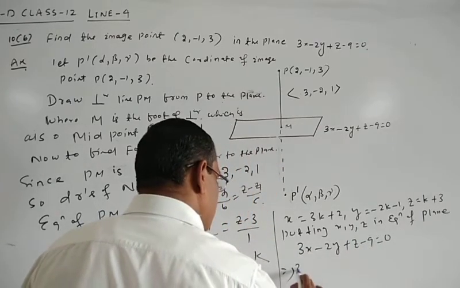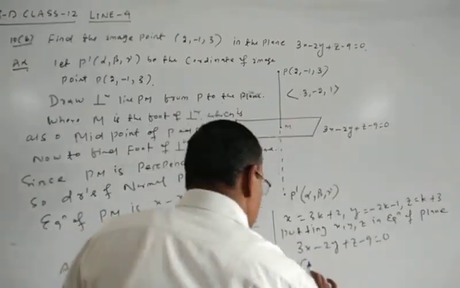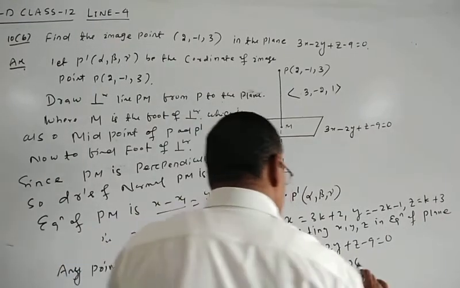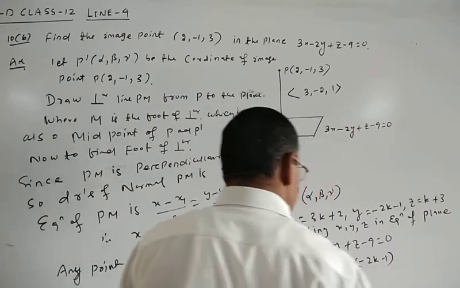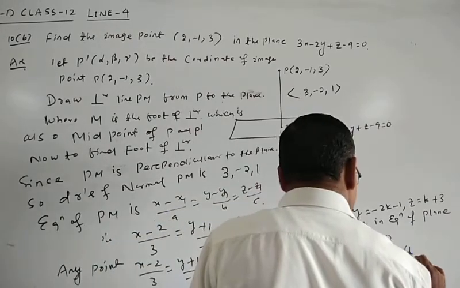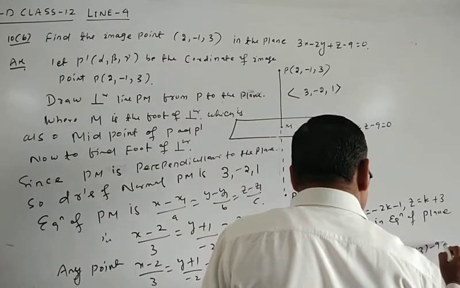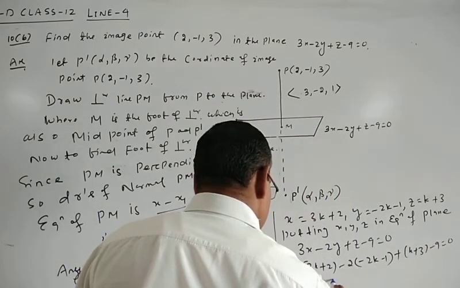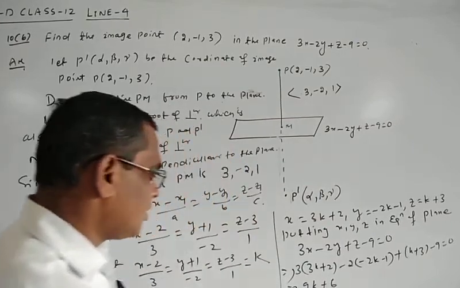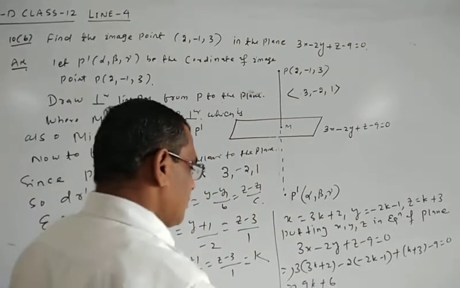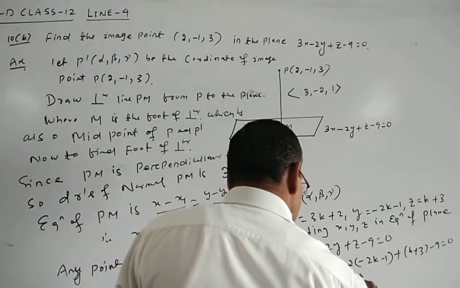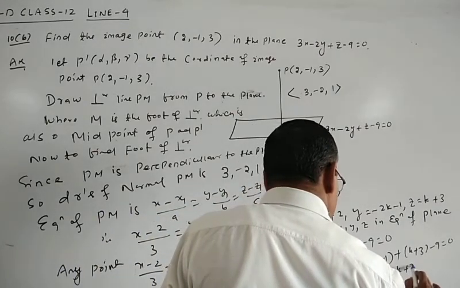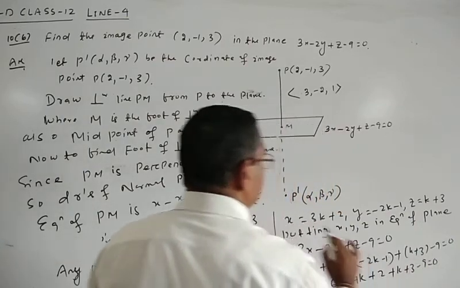That implies 3 into x, here x is equal to 3k plus 2, minus 2 into y, so minus 2k minus 1, plus z, that is k plus 3, minus 9 is equal to 0. So this is 9k plus 6, plus 4k plus 2, plus k plus 3 minus 9 is equal to 0.